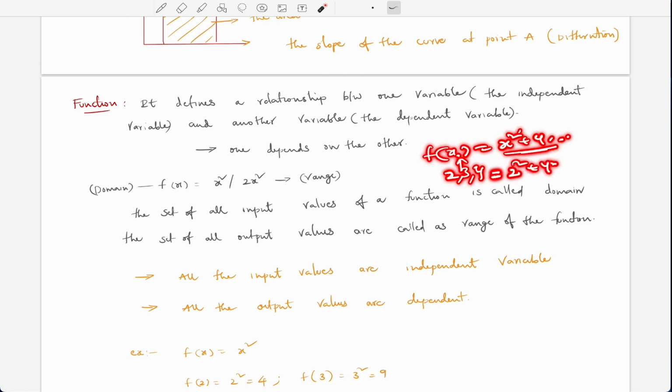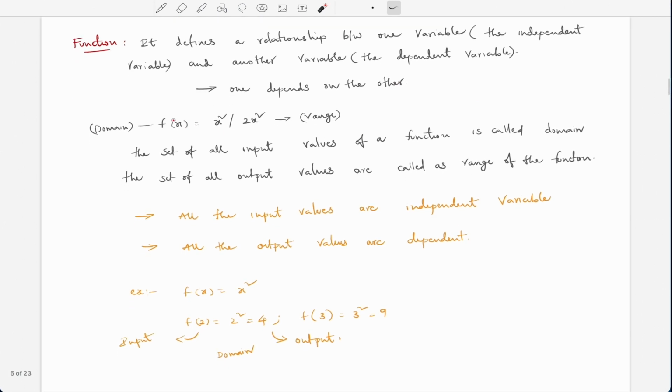So this value depends upon this value, right? I hope you have a basic idea of what is going to happen. One depends on the other. So the kilometers depend upon the liters of petrol. I hope you're getting it.